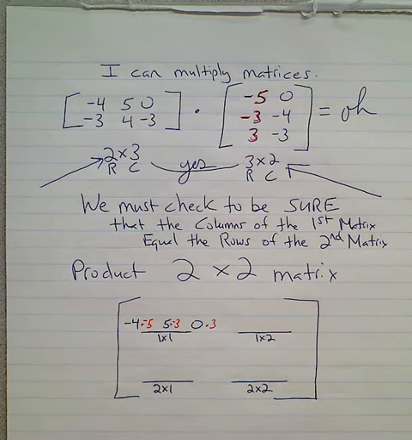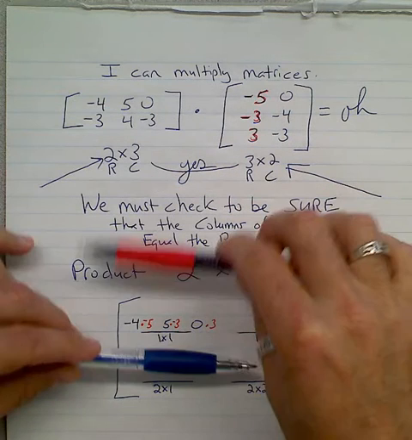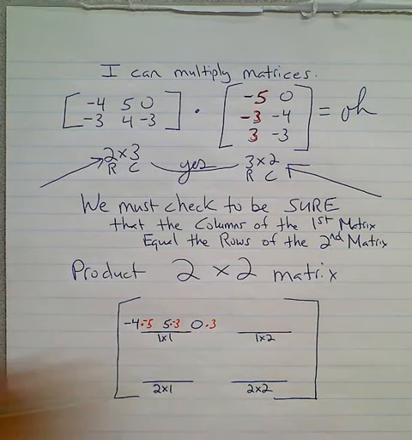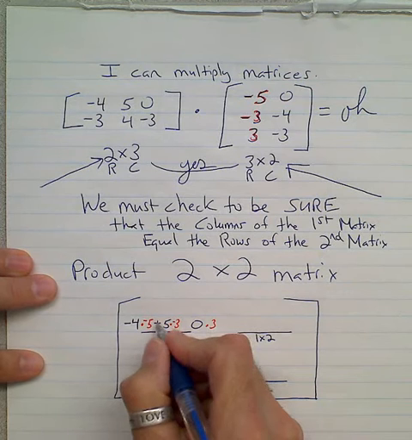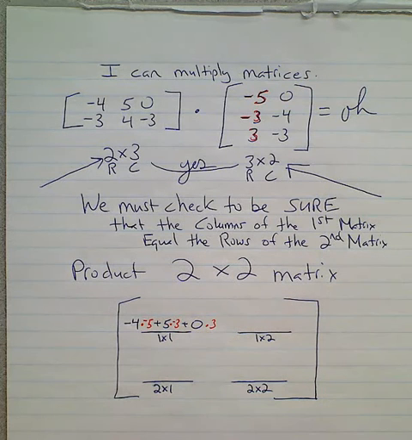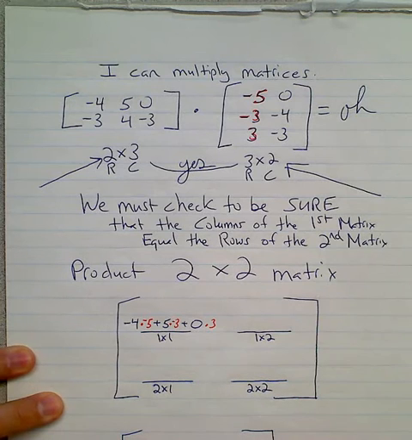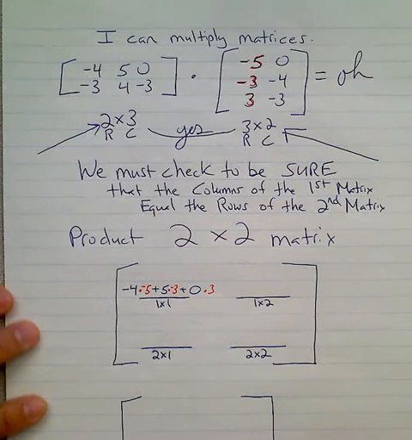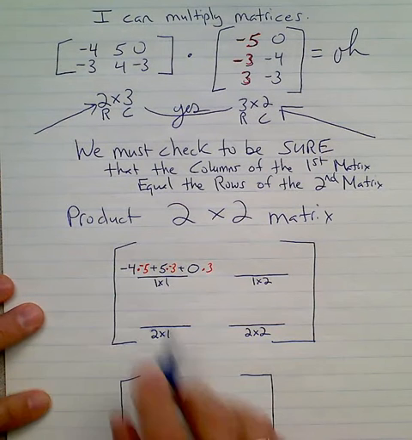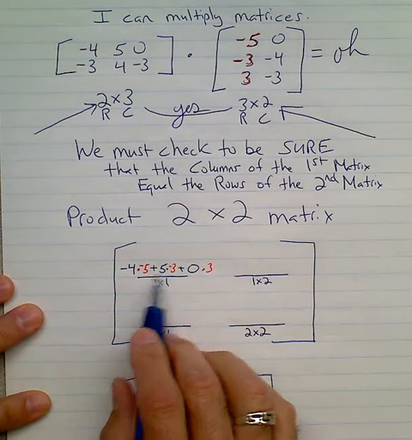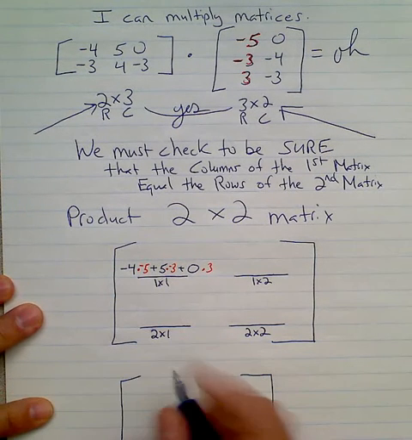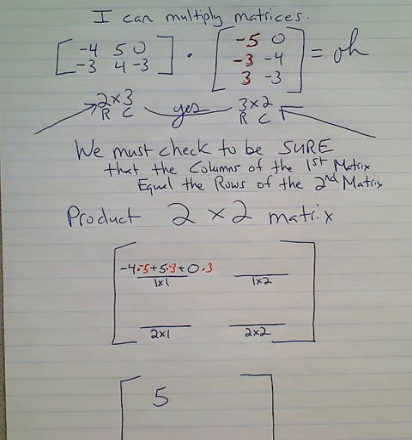If you notice, we take the row and the column, and they overlap each other. And we're going to multiply the elements and then add their products together. So for my product matrix, for the first element, 20 minus 15 is 5, plus 0 is 5. So this will be my first element.